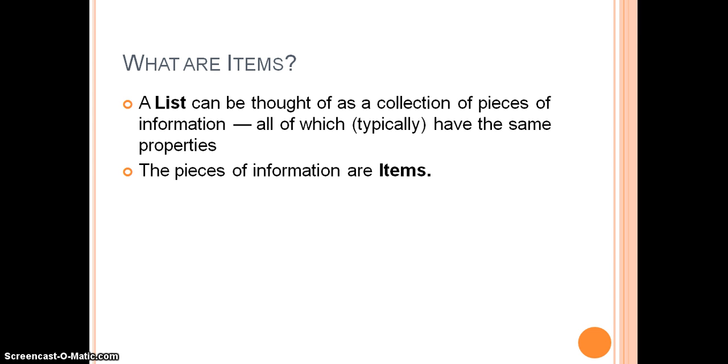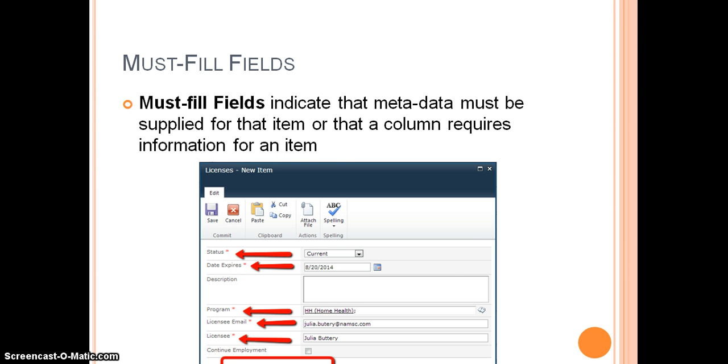Items. A list can be thought of as a collection of pieces of information, all of which typically have the same properties. These pieces of information are items. When you want to add something to a list, you are adding an item. When you add a new item, a box appears where you need to enter the properties of an item.